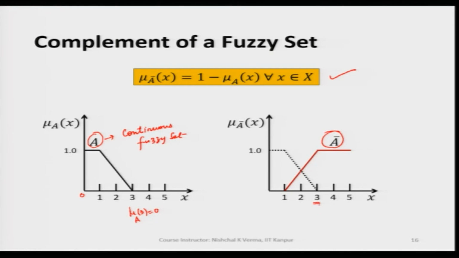Now, if we look at the fuzzy set A bar, which is the complement of a fuzzy set, at this generic variable value 3, mu A bar 3 is equal to 1.